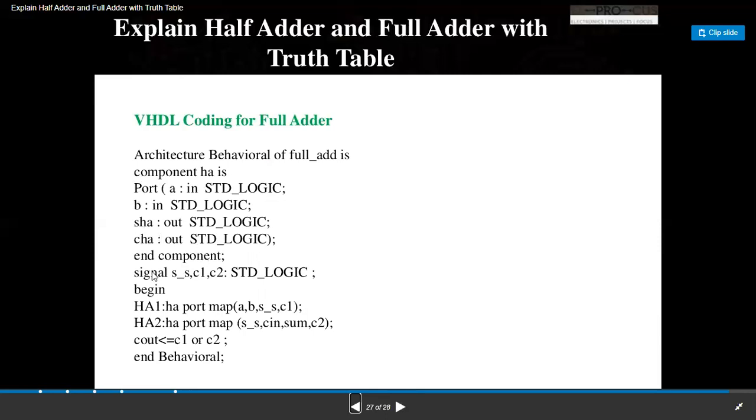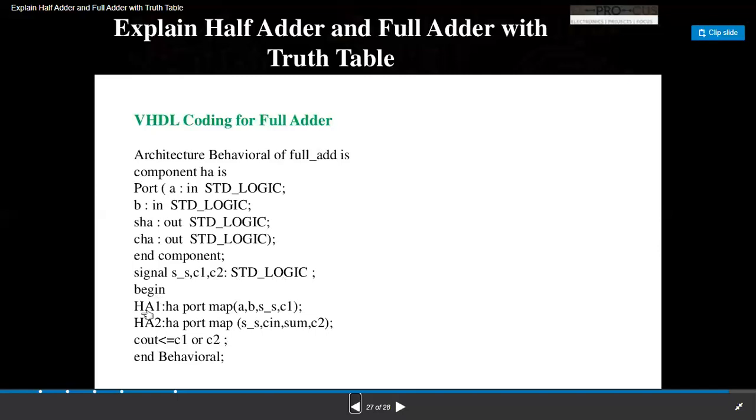Then the next one is the signals we are using: S, C1, C2, which are STD logic signals, the logical signals we use. So S, carry 1, then carry 2 are the STD logic signals. Then begin: the next step is processing the output statements of this full adder.